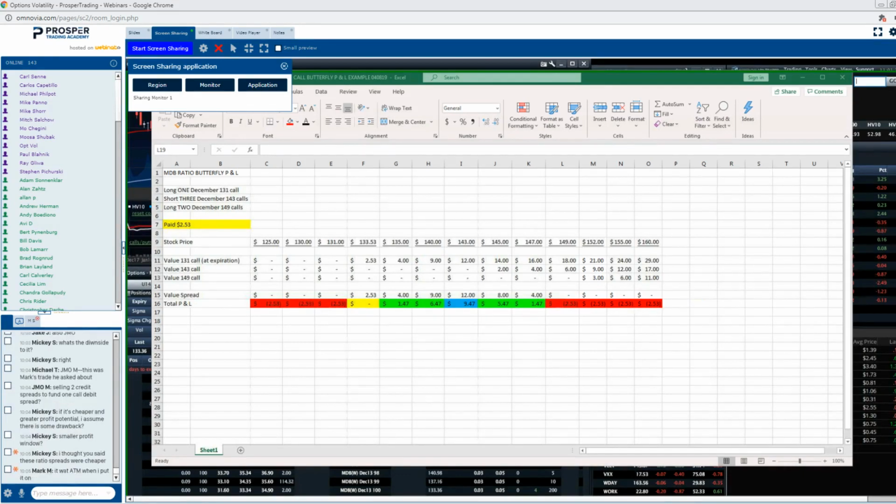So if you look at his reward to risk here, okay, his reward to risk is almost 4 to 1. You know, we're typically looking at like 3 to 1. His is almost 4 to 1 because he's taking more risk because he's buying a more expensive option to start with.